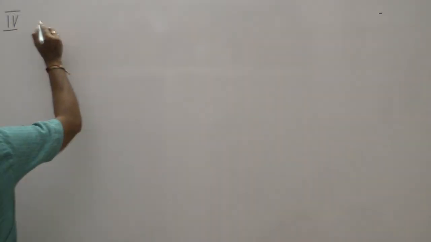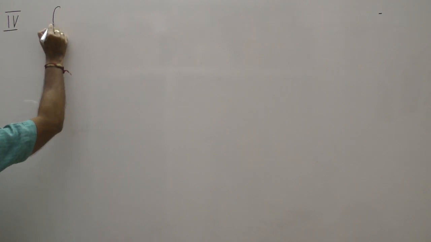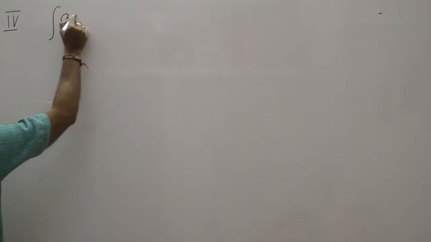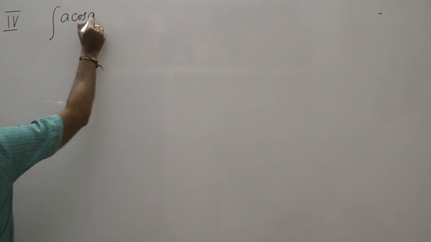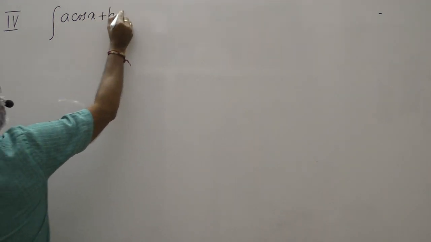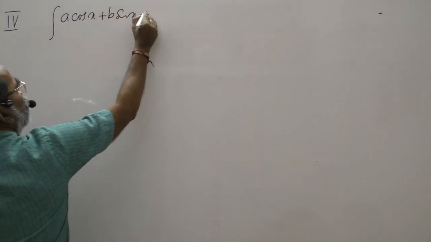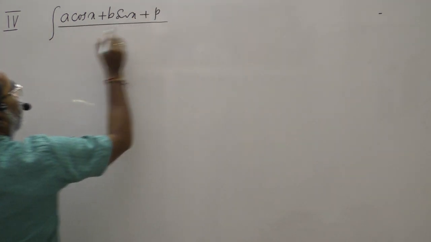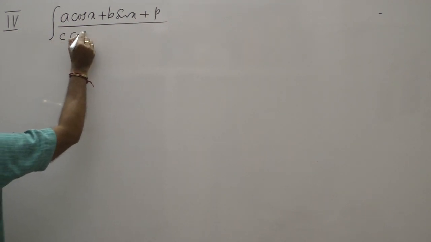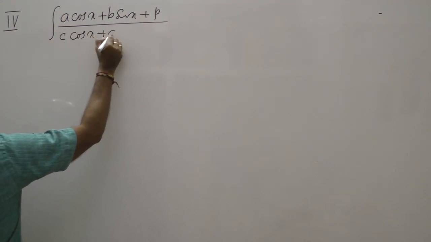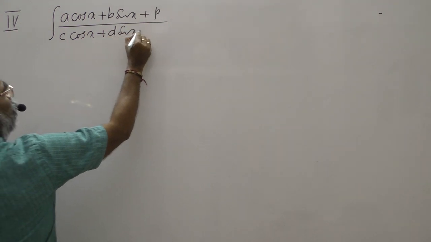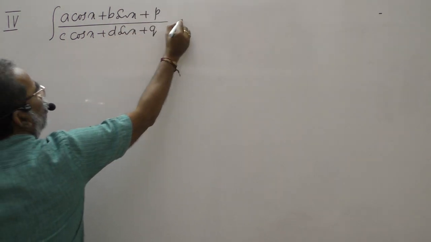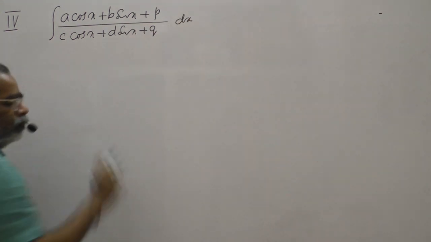Next we will see type 4 of these rational trigonometric functions. What is type 4? It is for this integral: integral of (a cos x plus b sin x plus some constant p) whole divided by (c cos x plus d sin x plus q) into dx.